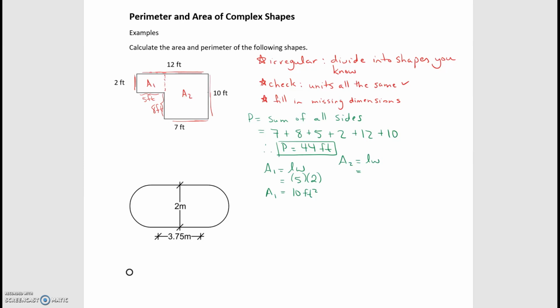So that's a length of 10 times a width of 7. Area 2 then is 70 feet squared. And so your area total is area 1 plus area 2, which is 10 plus 70. Therefore, your area total is 80 feet squared.